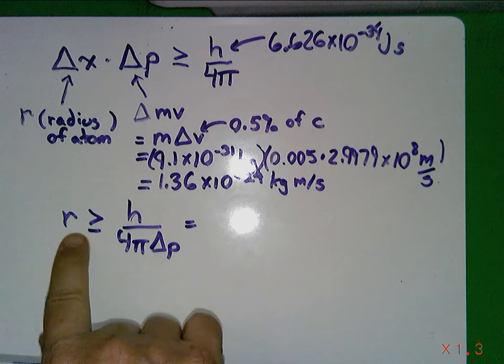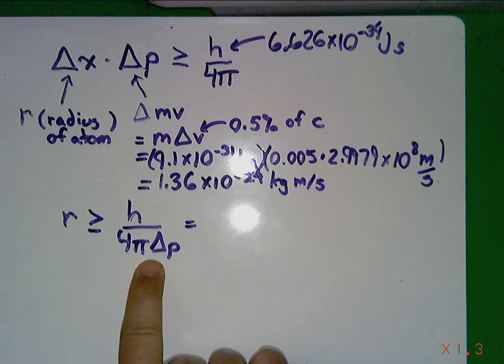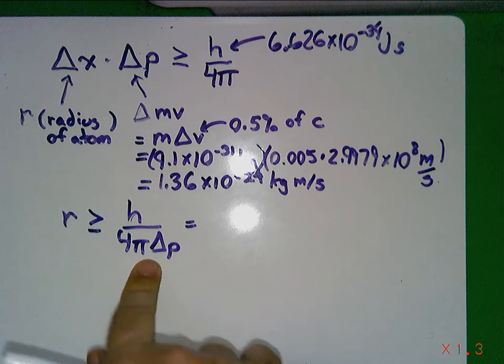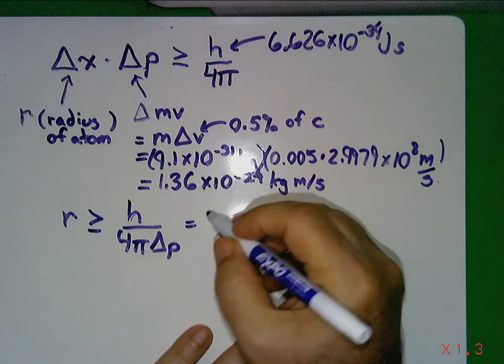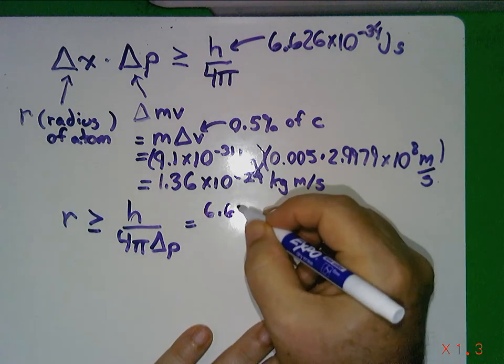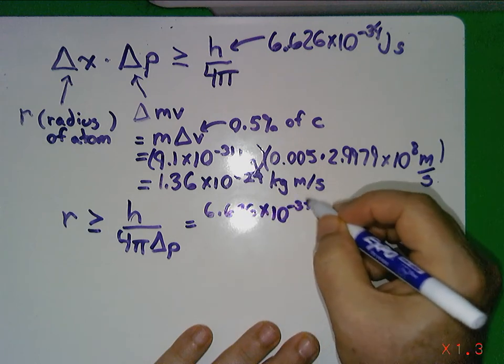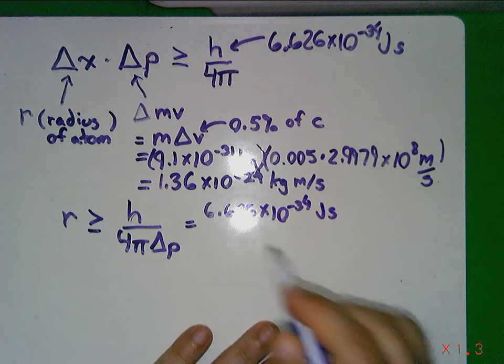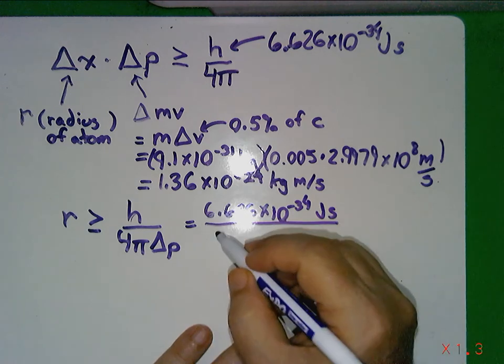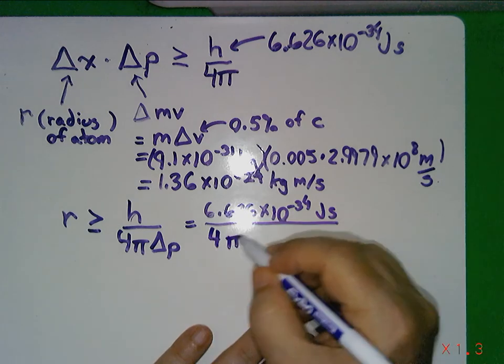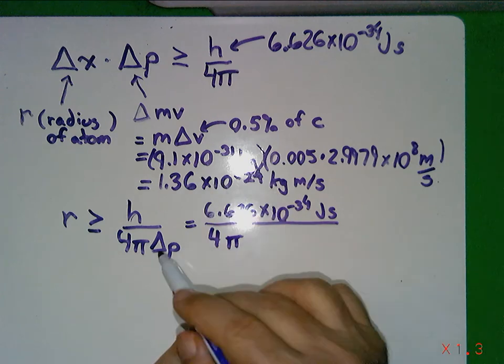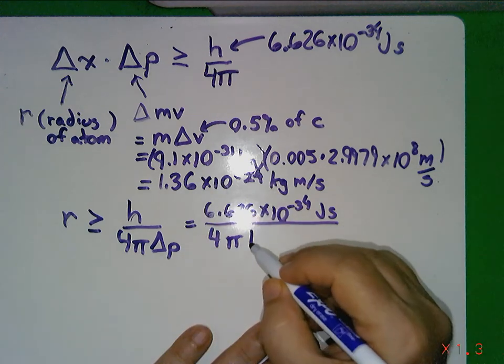The radius of the atom has got to be greater than or equal to this. So this is kind of a minimum radius that the hydrogen atom could have. I'm going to plug in Planck's constant over 4 pi, and then put in this number for delta P that we just figured out up here.